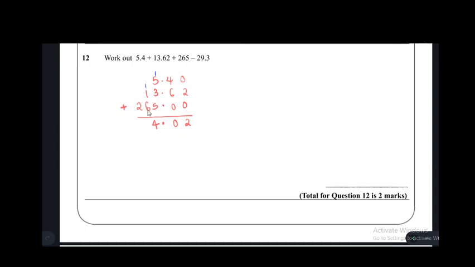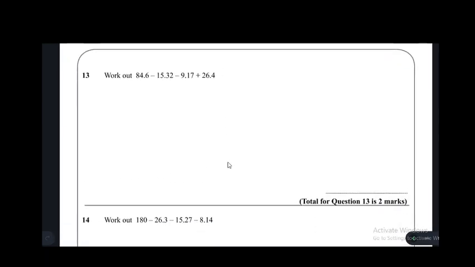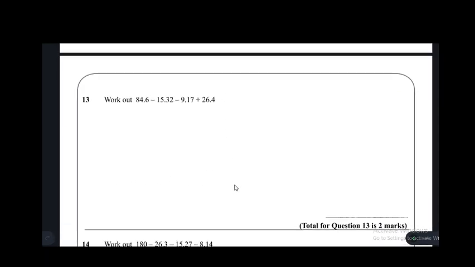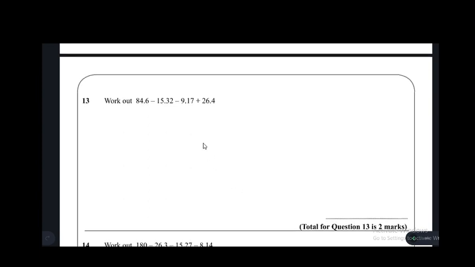Okay, so 6 plus 1 is 7, plus 1, 8. So I put an 8 there, and then 2 right there. So our answer will be 284.02.